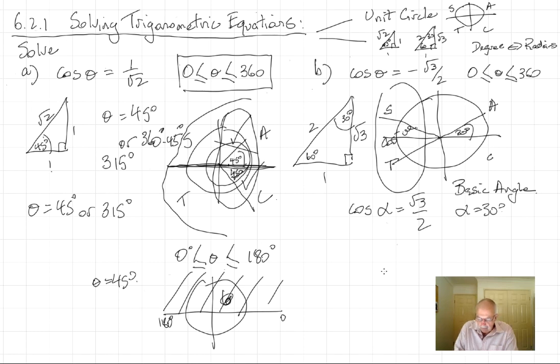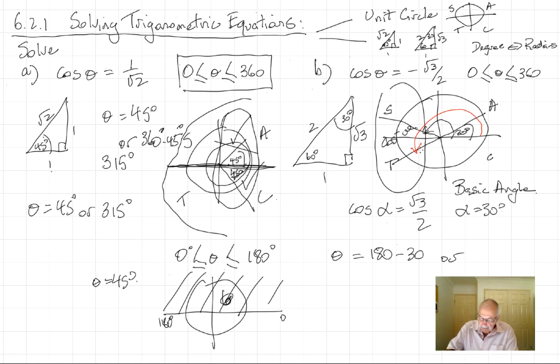In the second quadrant, theta is equal to, to get this angle here, we go all the way to 180 and then take 30 off. Or there's another possibility, it's this angle down here. That's the second possibility. In there, cos is negative.